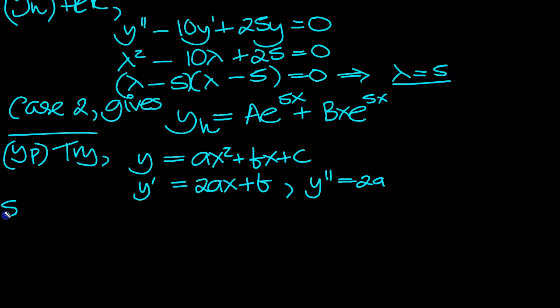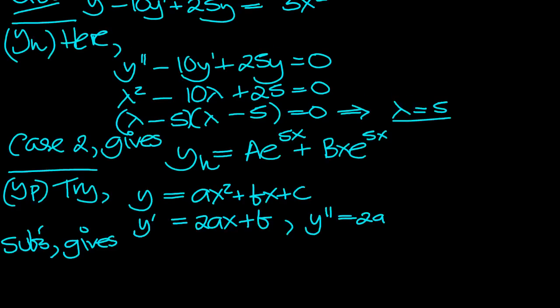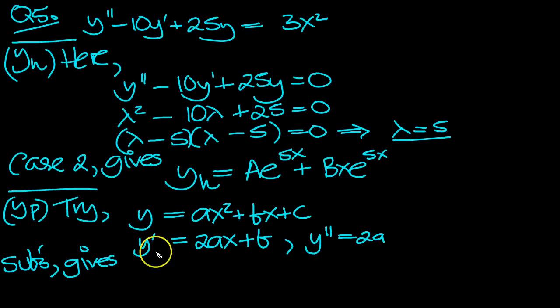So substitution then gives, so what have we got then? We're trying it in yp, so don't forget that's a 3x squared there from the line above. So maybe bring that back into view.